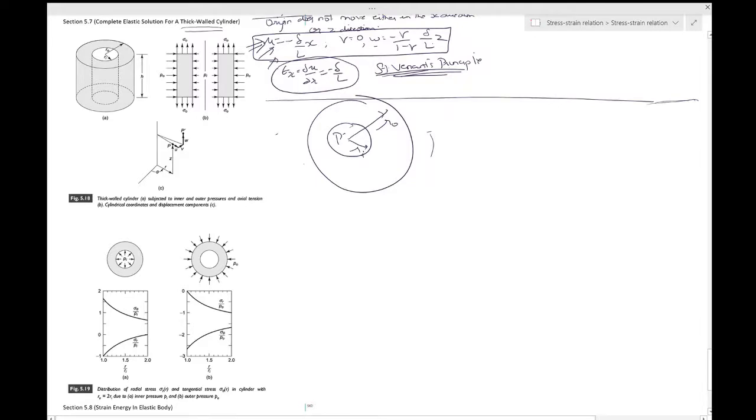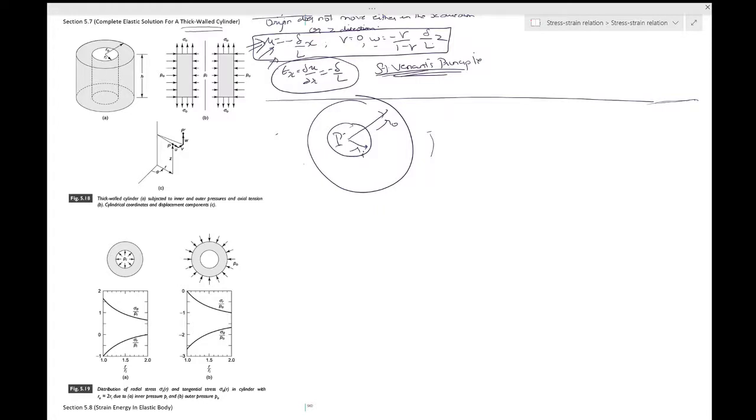Similarly, if you are in a submarine, the pressure here will be 1 atmosphere for the humans to live, and outside the pressure will be much larger than atmospheric pressure, depending on how deep you are into the sea or ocean. And especially all those containers which you see on the roads which carry petroleum products from the refineries to the petrol pumps, and the cylinder which you have in your homes, is a thick-walled cylinder.